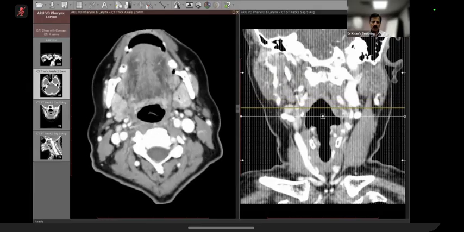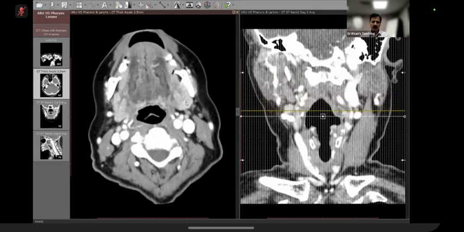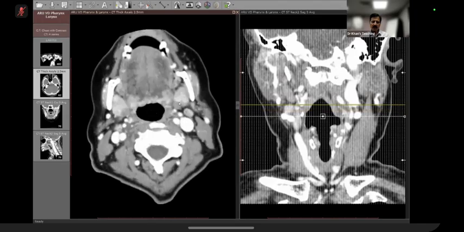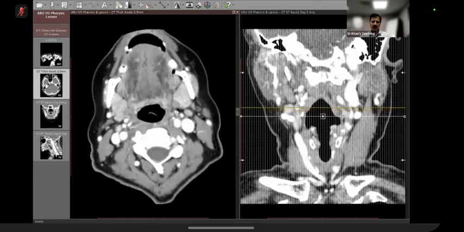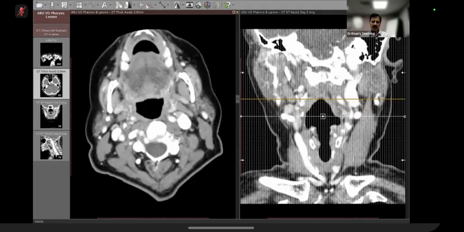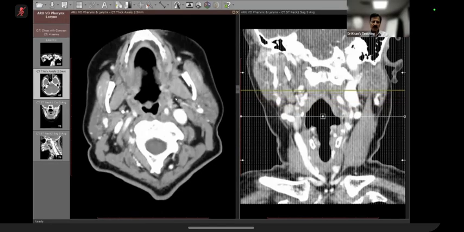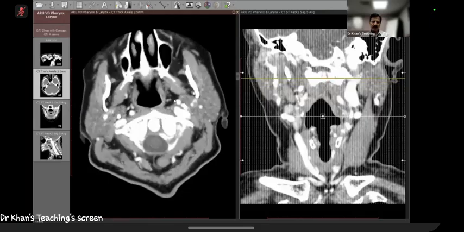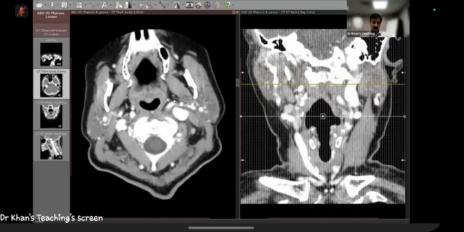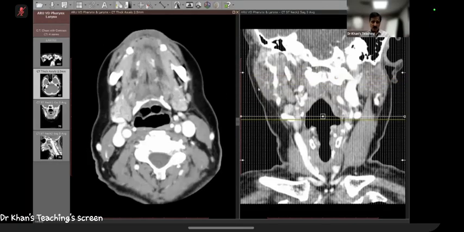We are unable to see, and here comes the submandibular gland. So if I trace upwards, initially it is very attenuated and then it becomes better visualized. So this is the parapharyngeal space.